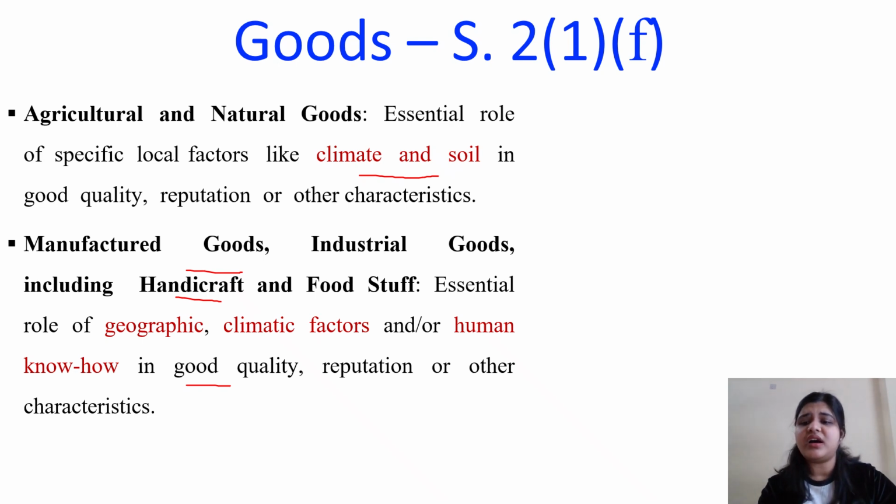So it is obviously the geographic location because of how the pots are being made or the weather affecting the manufacture of those pots, where the meat is being prepared, and the climatic conditions, also the human know-how, because the human only knows the recipe, the time for preparation of the halims, and so on. So I hope now we have understood the definition of geographical indication.